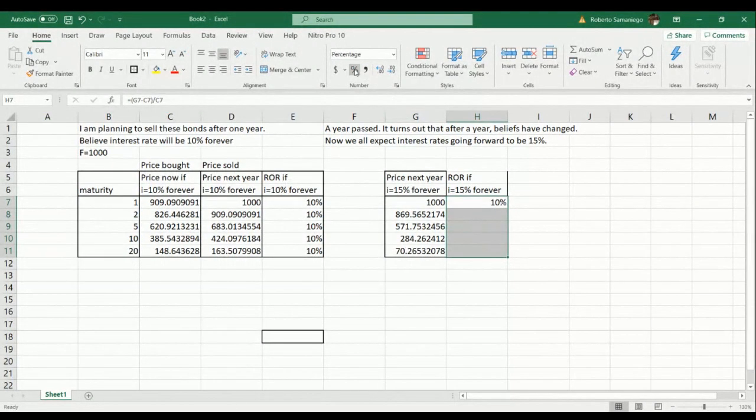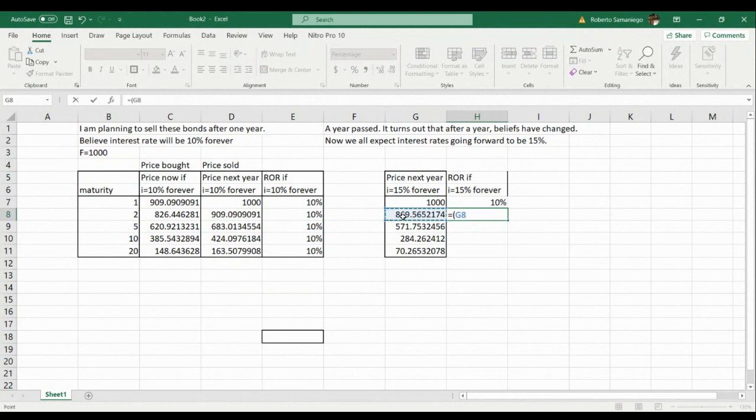Let's make these percents. Same here. This is the price at which I sold it minus the price at which I bought it, divided by the price at which I bought it.